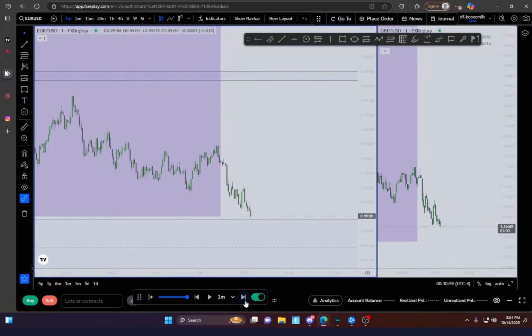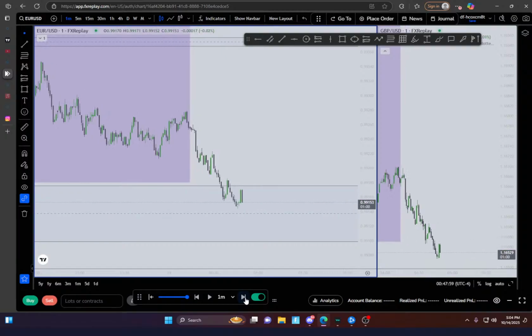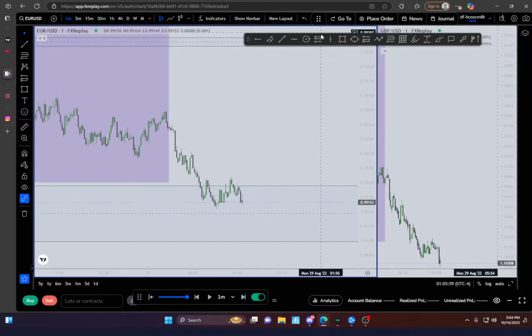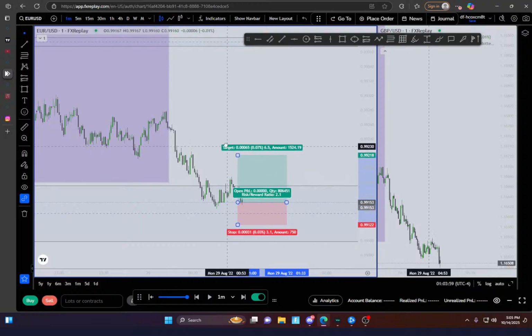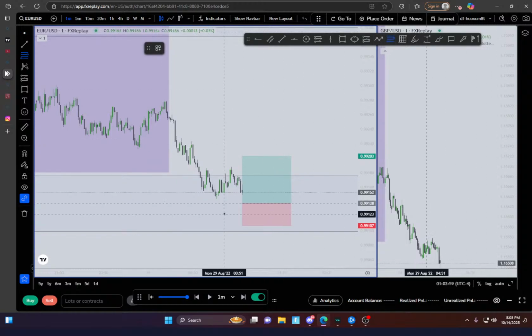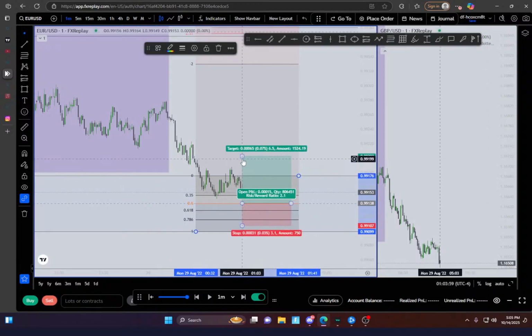Alright. Now we a little bit to the downside, tapping into this imbalance. So we get 50%. Inducement at 50%. And then we can take our entry at 50% of here. Looking to seek the imbalance. Right. And then we could do OTE of the range, stop loss below OTE of the range.